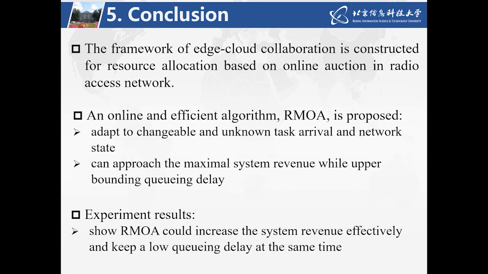Then, an online and efficient algorithm RMOA is proposed, which can adapt to changeable and unknown task arrival rates and network state, and also can approach the maximum of system revenue while upper bounding queue delay.